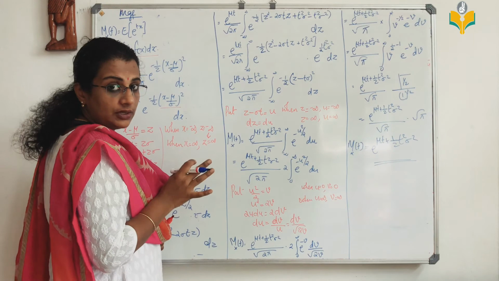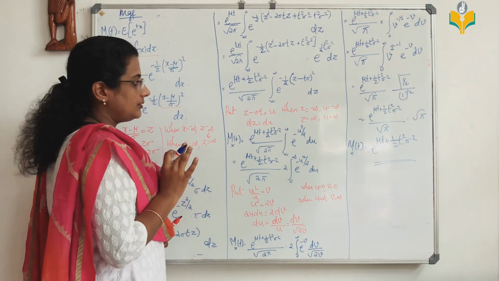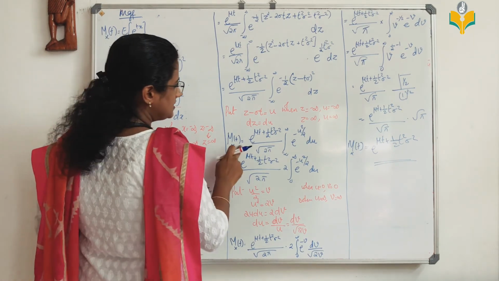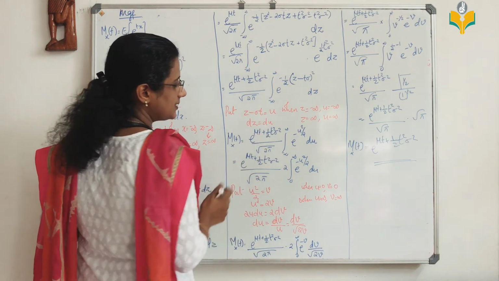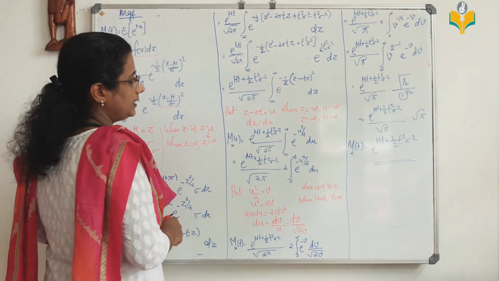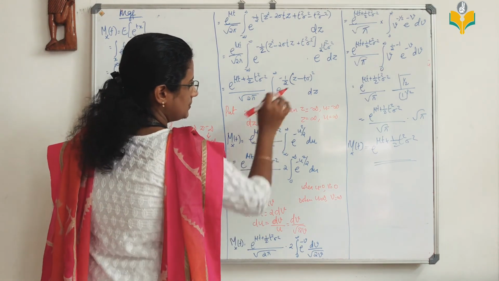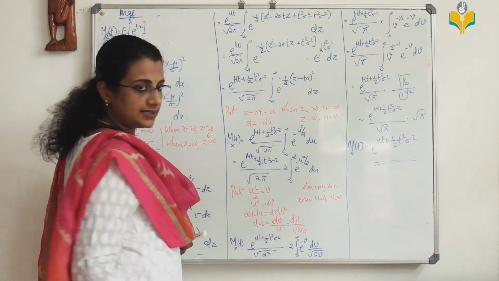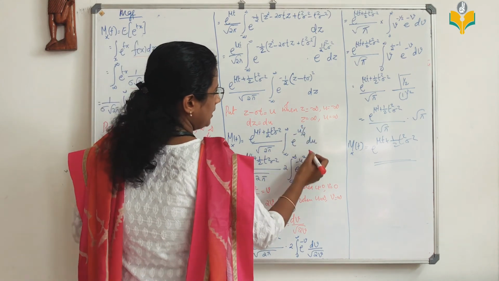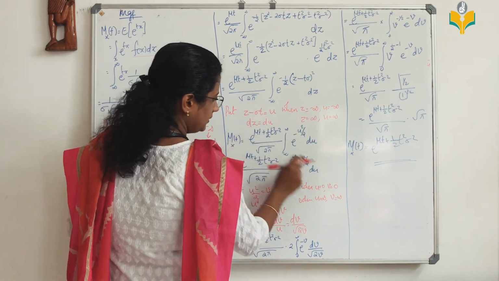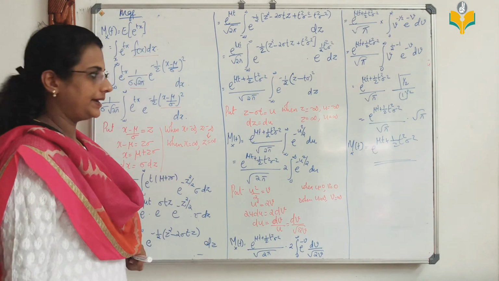So there is no change in the upper and lower limit of the integral. So mx t equal to e raised to mu t plus half t square sigma square divided by root 2 pi into integral minus infinity to plus infinity e raised to minus half into u square, dz equal to du. Alright.